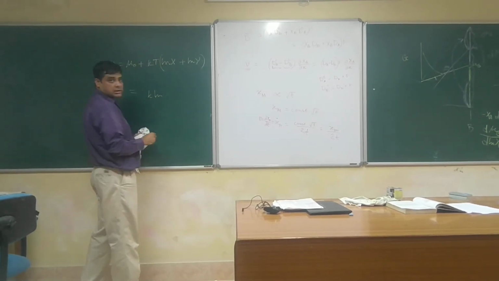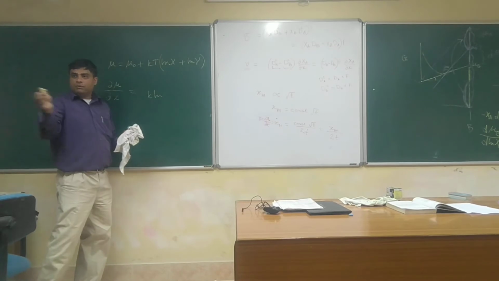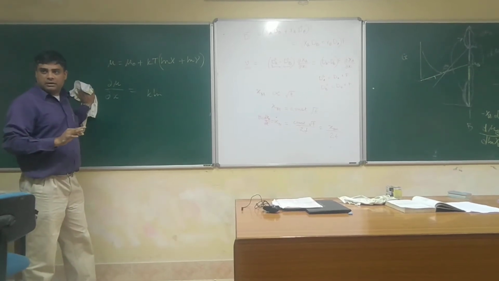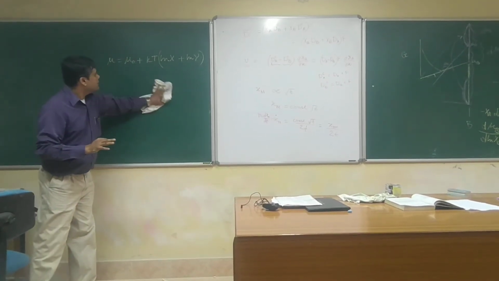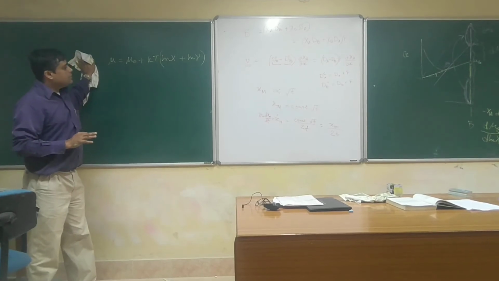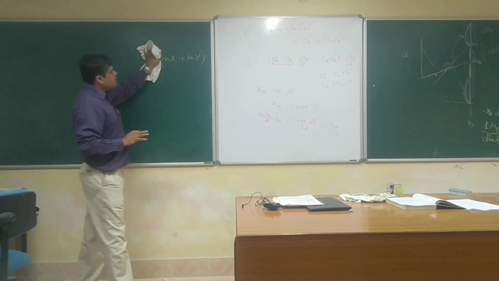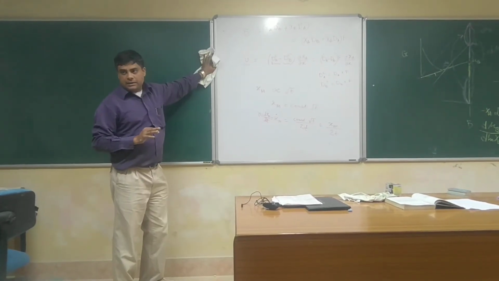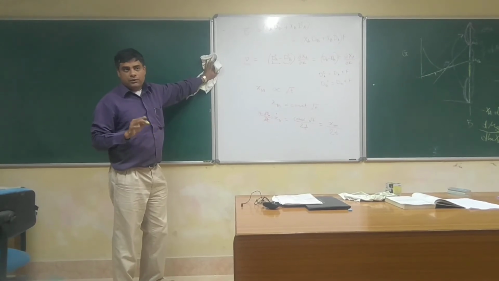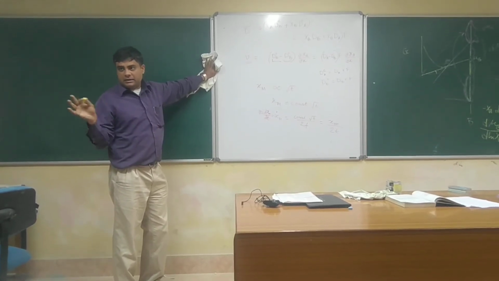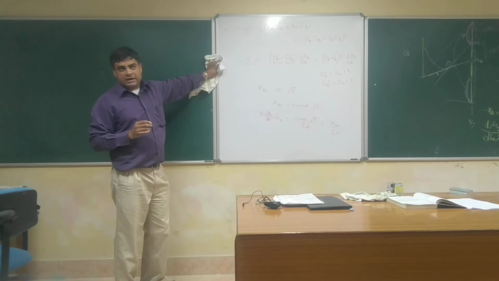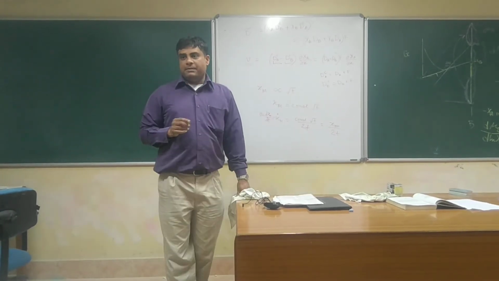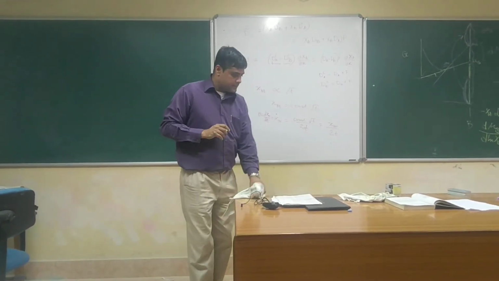From there you got the thermodynamic factor, you remember. So from the derivative of the chemical potential you will get the thermodynamic factor. If the derivatives with respect to A and B are the same, then they are same.